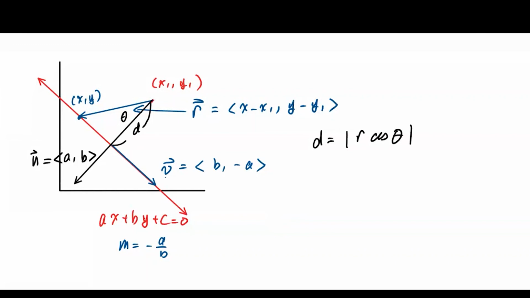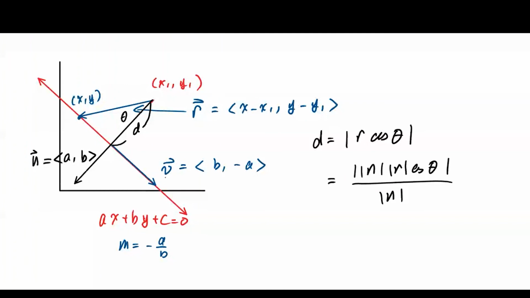You with me? Too much trick? This is just a right triangle trick. Who's lost? Okay, but let's write it like this. n magnitude, r magnitude, cosine theta over n magnitude.